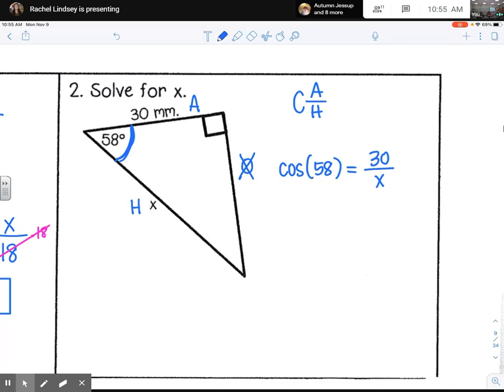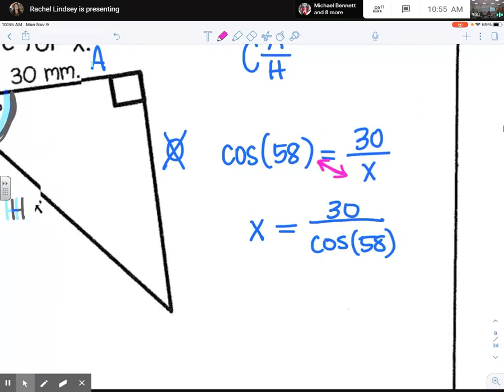Flip it. Since X is on the bottom, and you can't just multiply both sides by 30 to solve for it, you're going to switch the place of the X and the cosine. So now instead of cosine of 58 over here, it's just gonna be X, and then 30 over cosine 58. So basically, all I'm doing is switching those two.